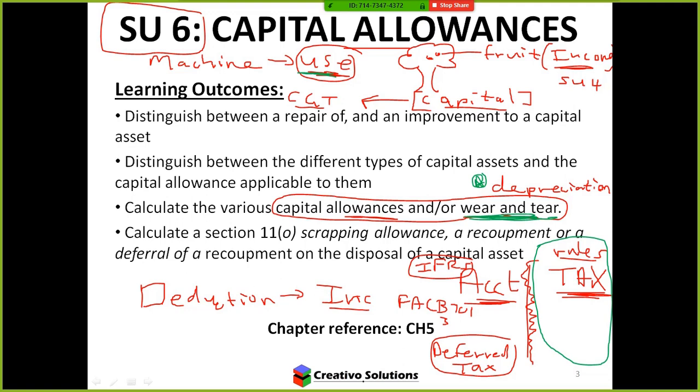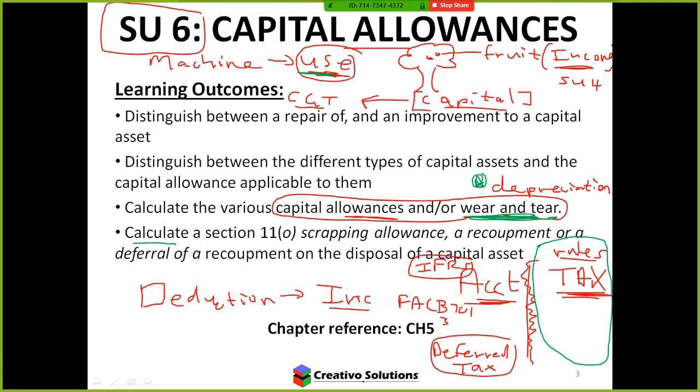And then the last bit is just calculations. So you do need to work out a scrapping allowance, a recoupment, and those are just profits or losses depending on whether you had a gain or a loss on the actual asset when disposing of it. That'll be discussed later on when we look at a CGT type situation.